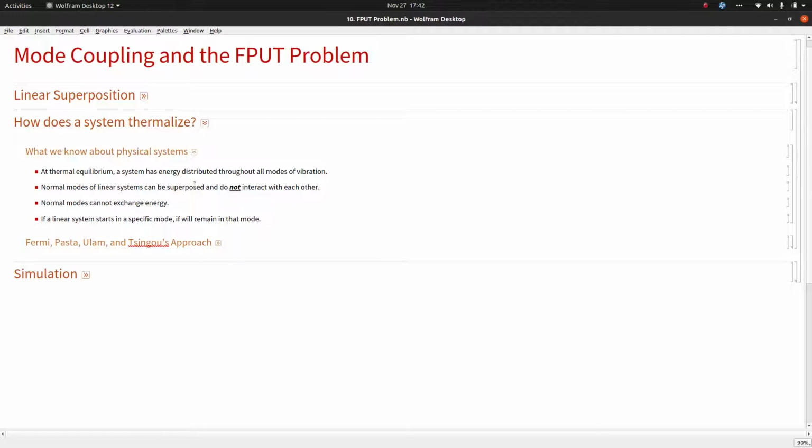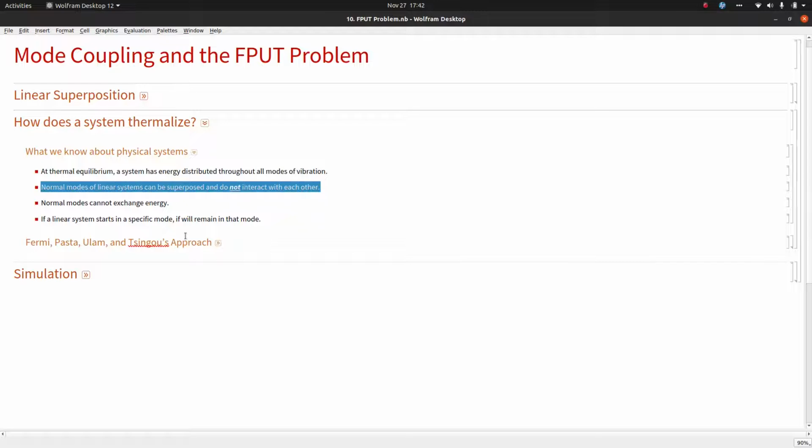At thermal equilibrium, a system has energy distributed throughout all of its modes of vibration, and the amount of energy each gets is given by a distribution function that is related to the energy. We won't go into massive amounts of detail on that.